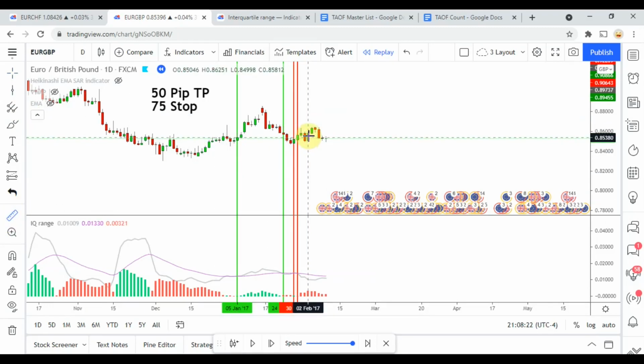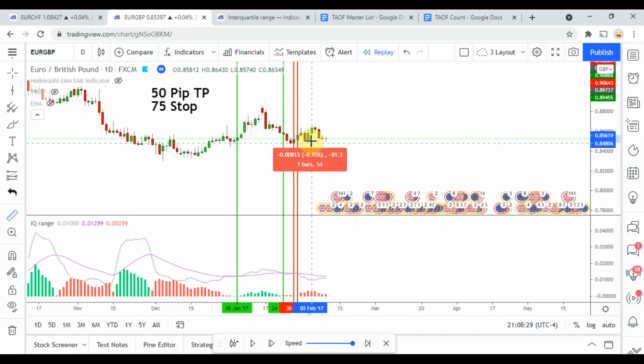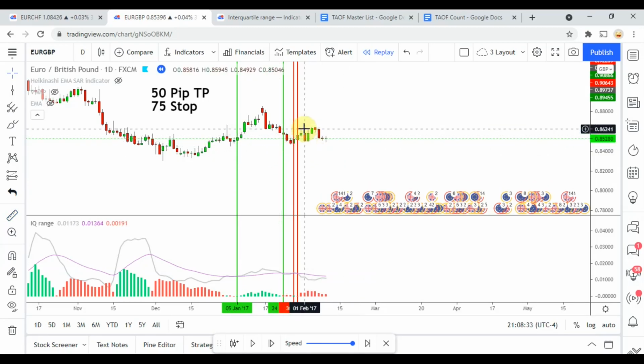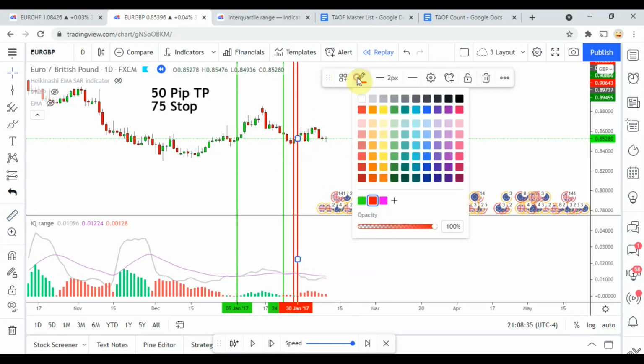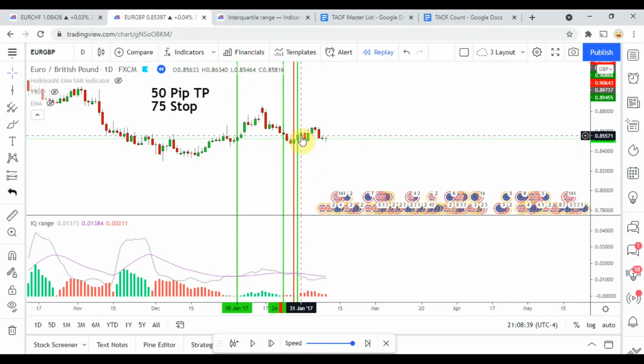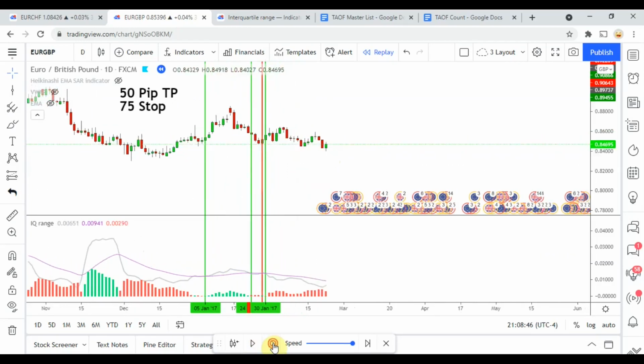Let me double check that one more time. There to there. Ooh, it's pretty close. But we actually stayed within the stop, and it was able to get to take profit on this big red bar right there. So barely squeezed that one out.